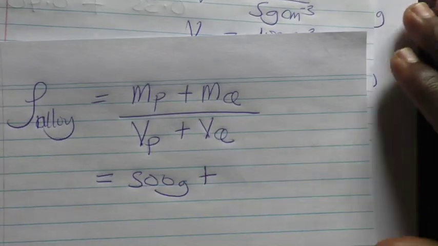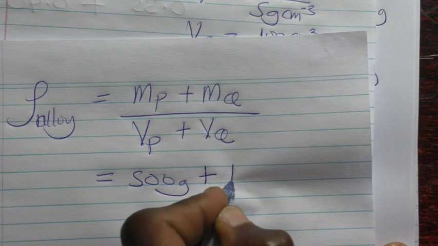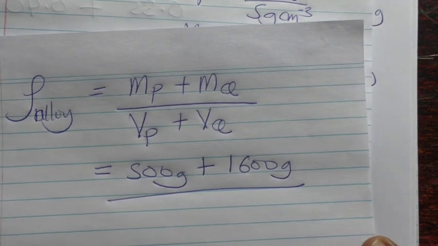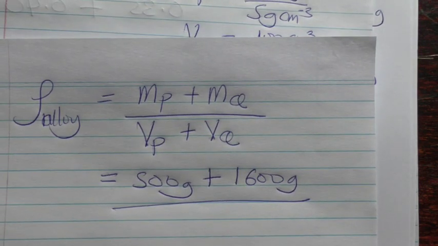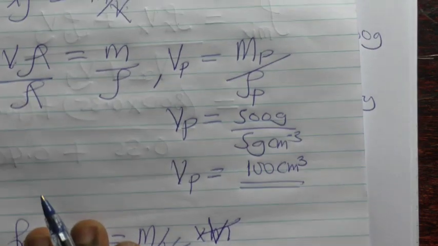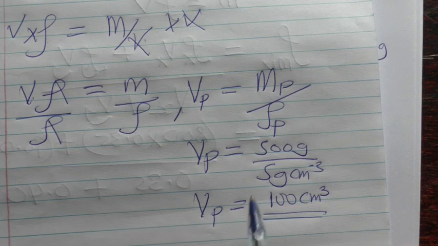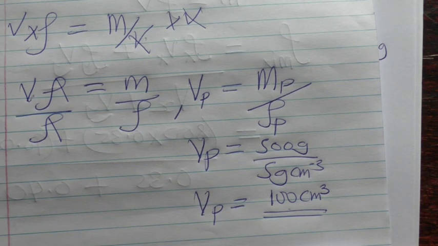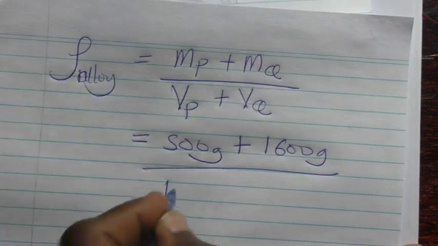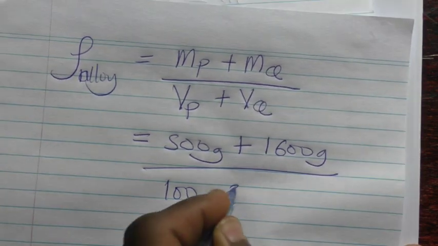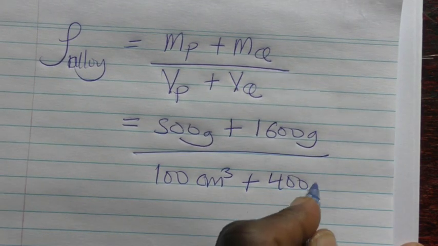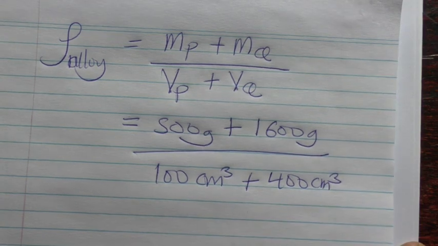The mass of Q is what we have just found, which is 1,600 grams, over the volume of P, which was not given, but we found it. If we recall, we found it as 100 centimeters cubed, plus the volume of Q, which is given as 400 centimeters cubed.